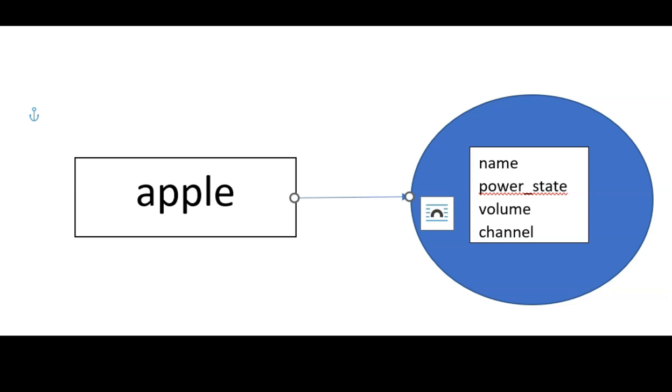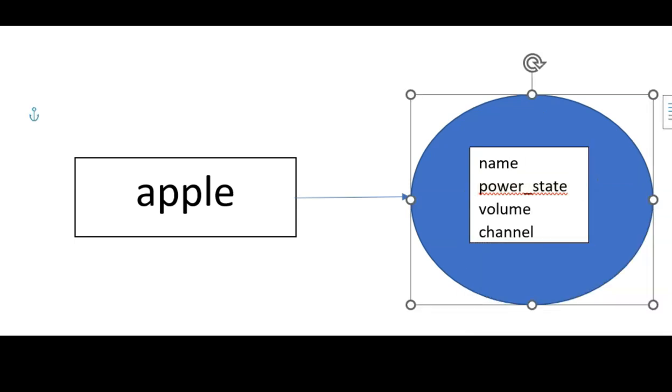Memory is allocated in the heap memory in the RAM, and for all the state variables individual memory is allocated. You see the name, power state, volume, and channel: there are 4 variables that we allocated. For each of those variables, separate memory is allocated, and that memory is referenced by Apple. This is slightly different from how it works in C. You will understand this shortly.